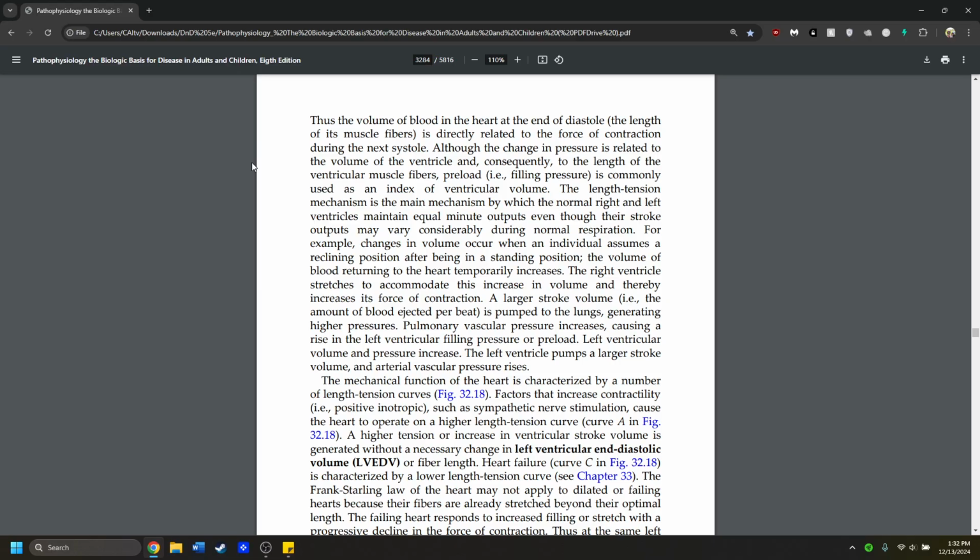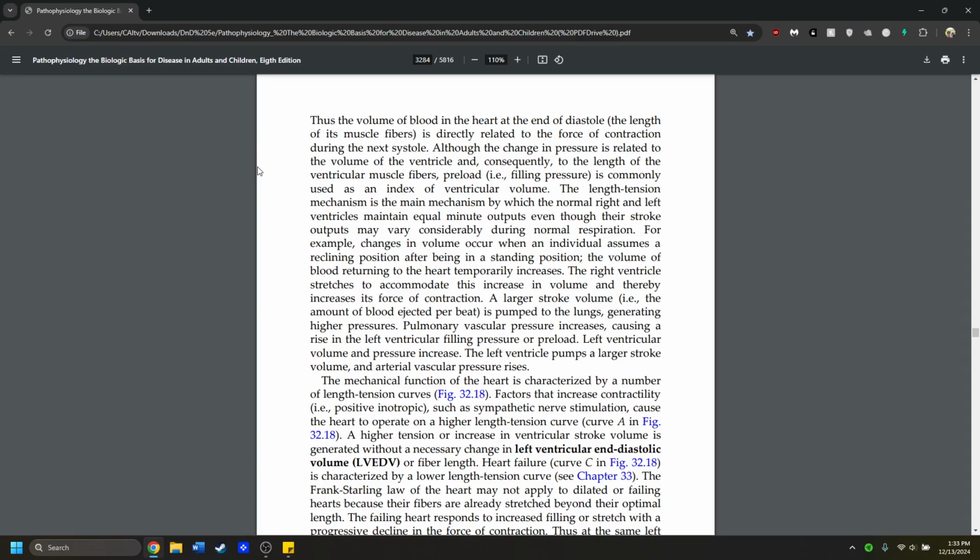The length tension mechanism is the main mechanism by which the normal right and left ventricles maintain equal minute outputs, even though their stroke outputs may vary considerably during normal respiration. For example, changes in volume occur when an individual assumes a reclining position after being in a standing position. The volume of blood returning to the heart temporarily increases.